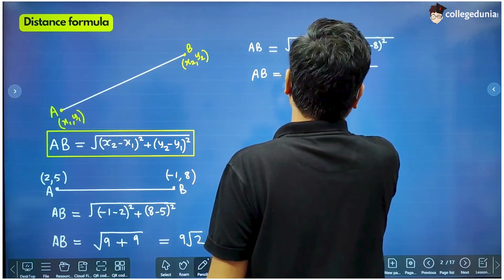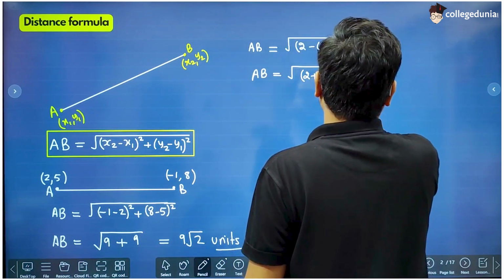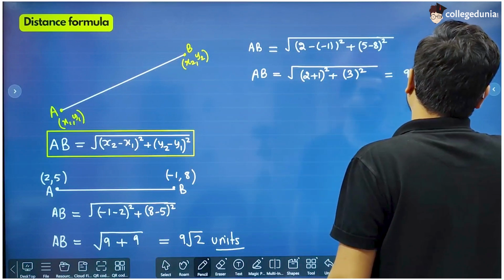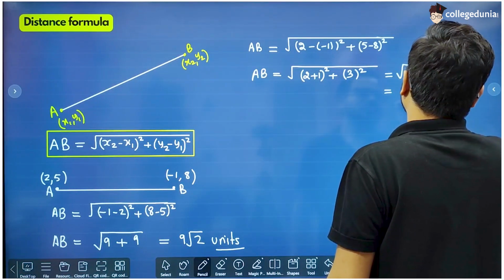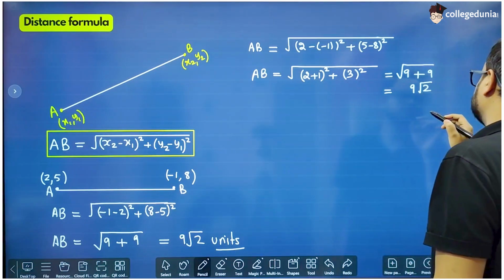Two plus 1 whole square plus 5 minus 8, 3 whole square.